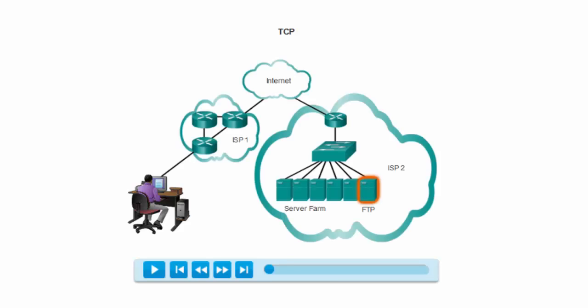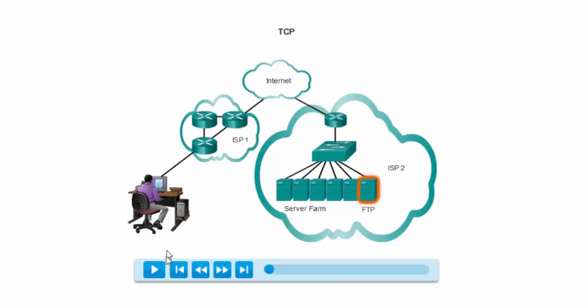TCP as a transport layer protocol is a reliable transport protocol, and this means that TCP includes the processes to ensure reliable delivery. As we can see here in this scenario, TCP is used to manage the connection between a client and an FTP server.